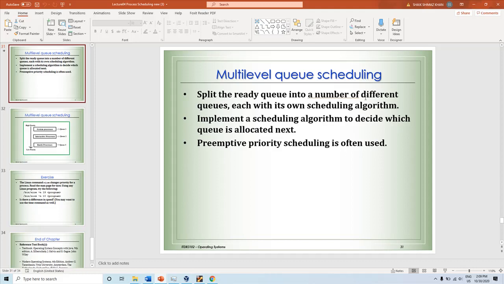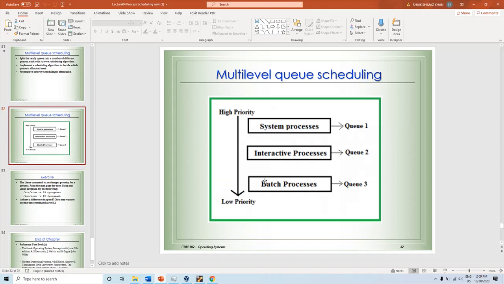Split the ready queue into a number of different queues, each with its own scheduling algorithm. Implement a scheduling algorithm to decide which queue is allocated next. Preemptive priority scheduling is often used. The batch processes, for example, would have FCFS, first come first served.